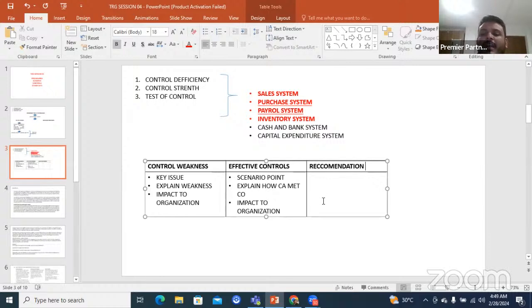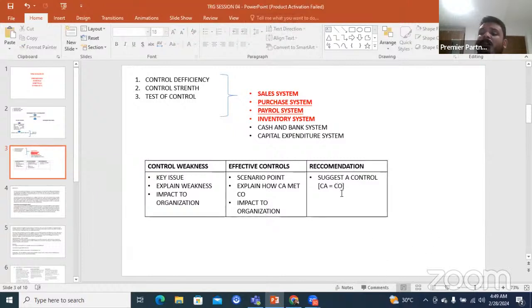When they ask us to write down a recommendation for the deficiencies and weaknesses we identify, in your recommendation, what you should do is suggest a control. That's all. Because your control activity did not meet the control objective, that's why you marked it as weakness. So in your recommendation, you should suggest a control, and that control should be control activity equal to control objective.